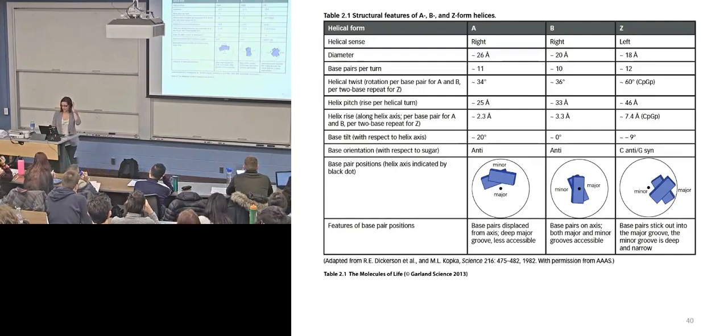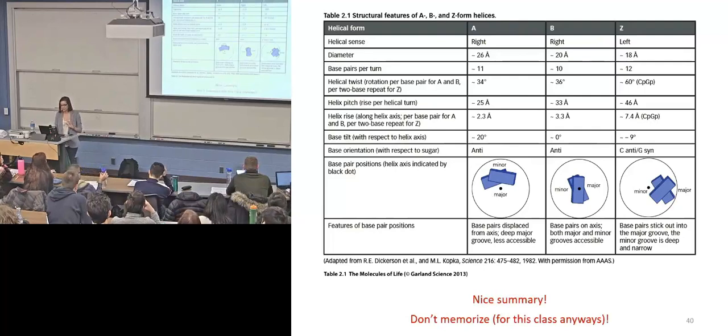Relative scale is what I care about. Nice summary, don't memorize, at least not for me. And this talks about A form and Z form instead of this B form. You don't need to memorize the differences. If I wanted you to say anything about them, I'd point you right to the table.